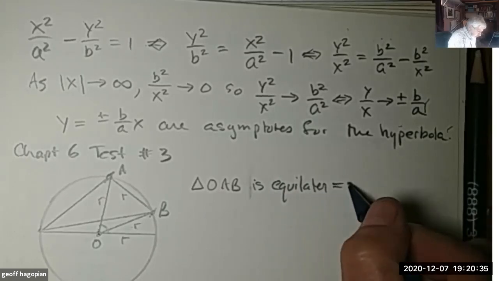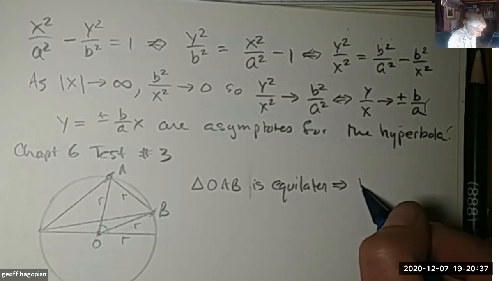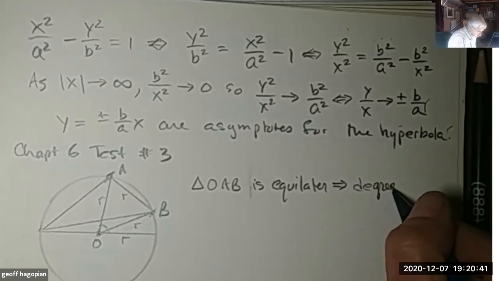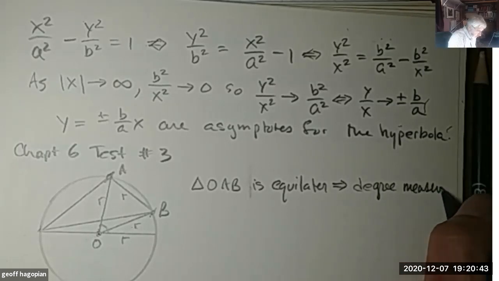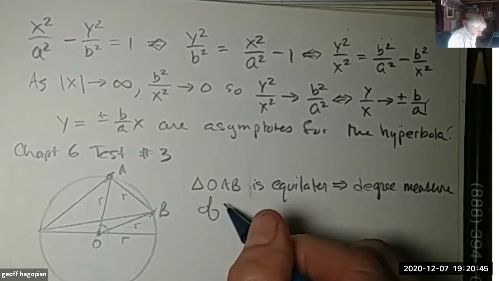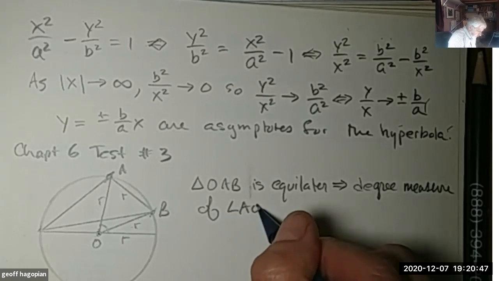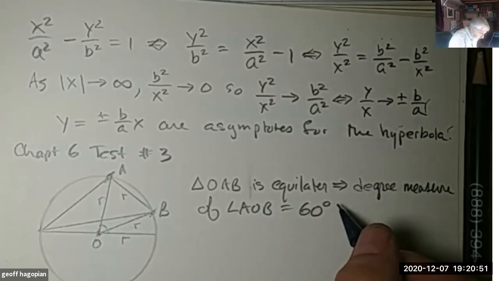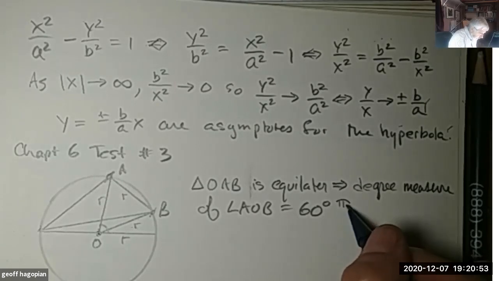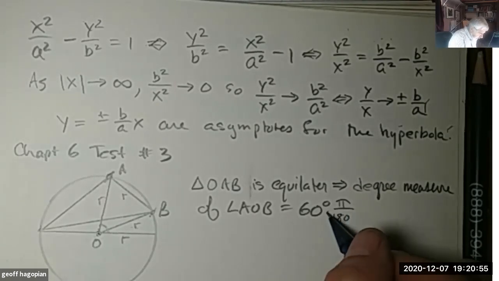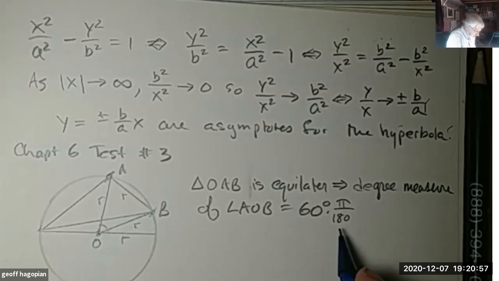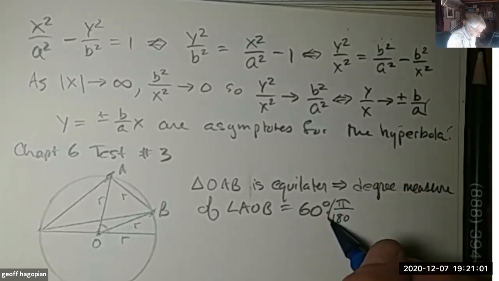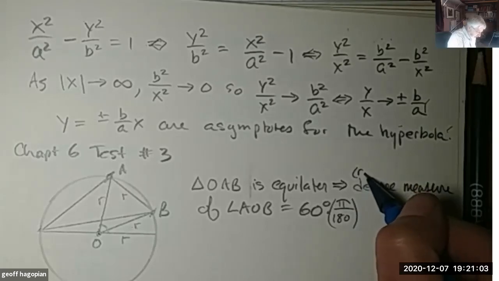So that implies that the degree measure of angle AOB is 60 degrees, which if you multiply by pi over 180, you don't get the degree measure anymore. So let me put that in parentheses and I'll say radian.